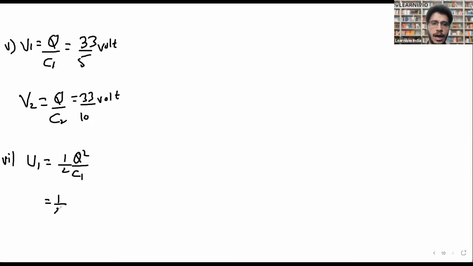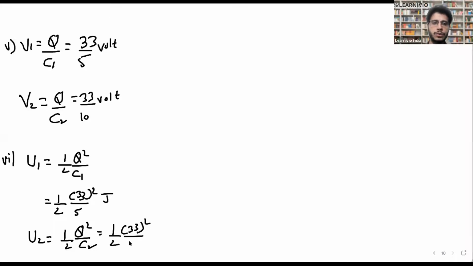So this is half, Q is 33 square, C1 is 5, this much of U. I'm not calculating it now. Similarly, you can calculate U2, half Q square divided by C2. So it's half, Q is 33 square, C2 is 10.